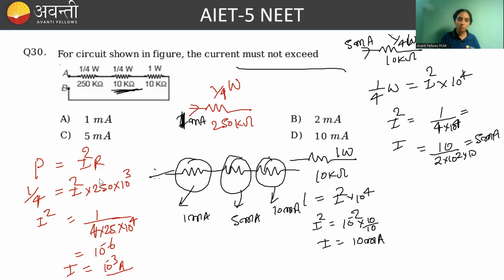So we need to allow a current which can be sustained by all three resistors, and that value will be 1 milliampere, because it is lower than the allowable limit of both other resistors, and equal to the allowable limit of the first resistor. So this is the most safe. The maximum current we can allow through these three resistors is 1 milliampere.